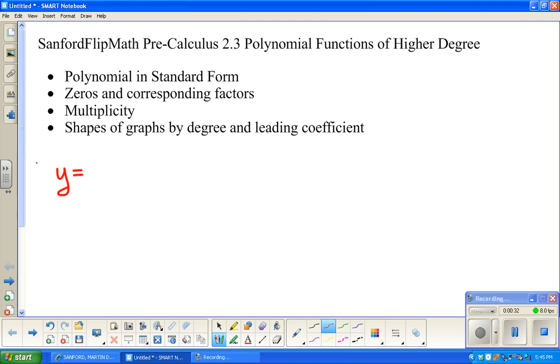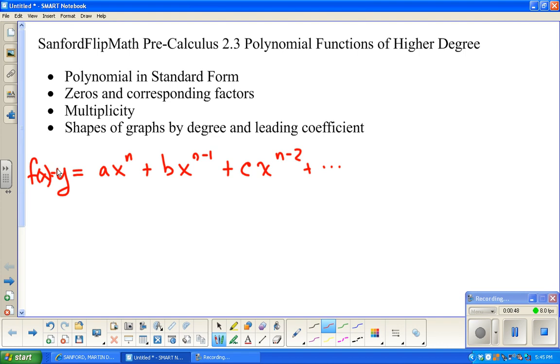A polynomial function might be y equals or f of x equals some kind of coefficient, x to the n, some kind of coefficient, x to the n minus 1, and all I'm doing is counting down by exponents.